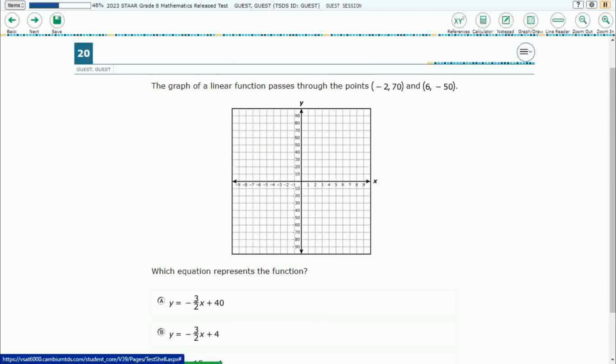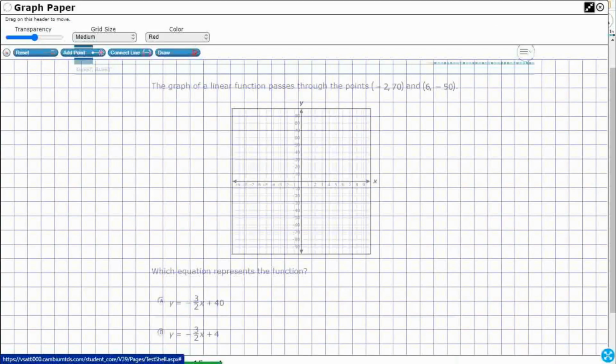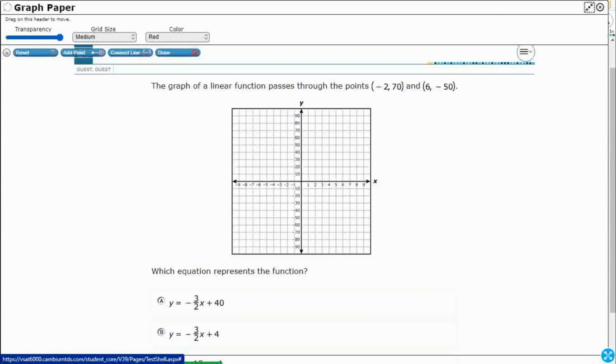So let's go ahead and use the graph that they gave us. Since they went to all that trouble, let's just plot these points here. I've got -2 and 70, so that's going to be right up here. And then I've got 6 and -50, so 6 and then all the way down here.